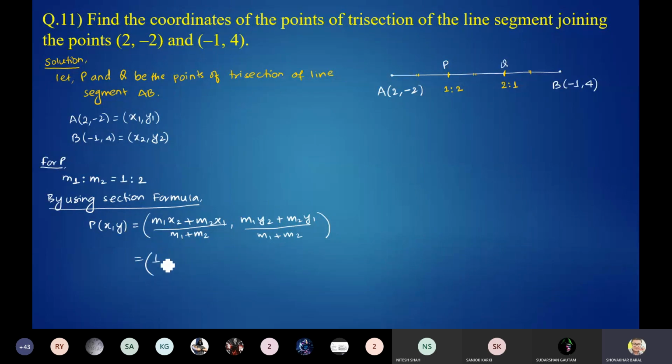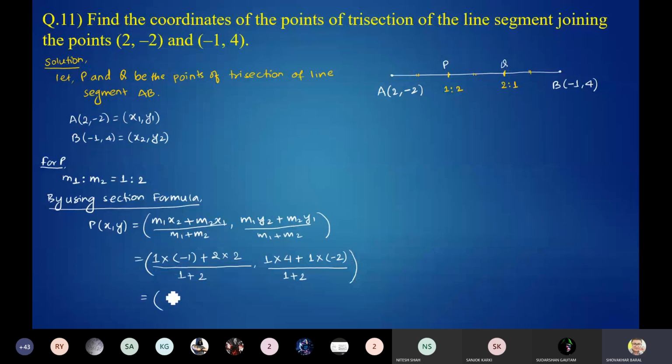The value of m1 is 1 and the value of x2 is, see it from here, you can compare the corresponding component. So x2 is minus 1 plus m2 is 2. एकदम ख्याल गरेर लेख्ने है. x1 is 2, all upon 1 plus 2. Ratio is m1 is 1 and m2 is 2, comma, m1 is again 1, y2 is 4 plus m2 is 1, y1 is minus 2, all upon 1 plus 2.